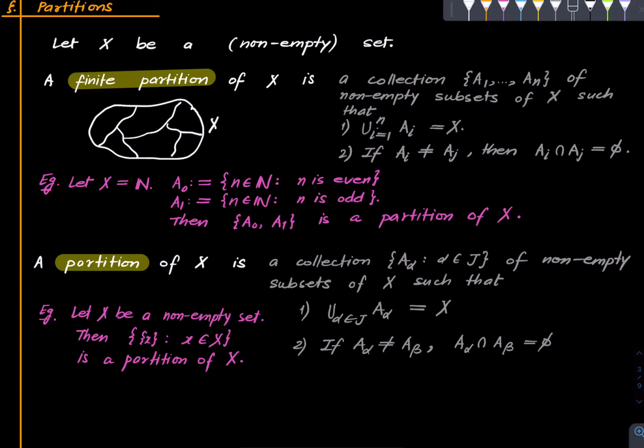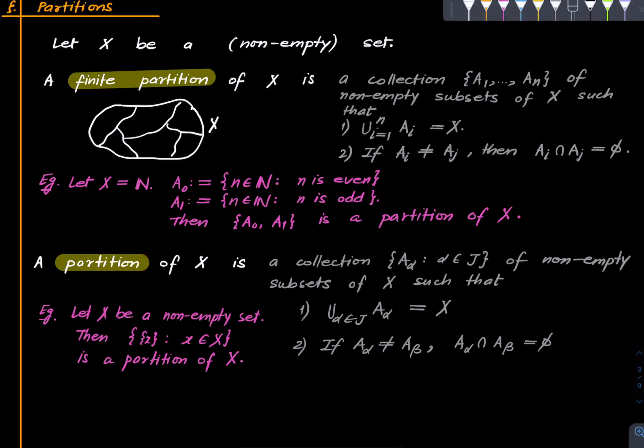Right? It is a trivial example because all we have done is collect every point in a singleton and put all the singletons in a single box. That is obviously a partition. Just check these two conditions if you're not convinced. So that's the notion of a partition. It's a very natural notion. The phraseology is also well chosen.